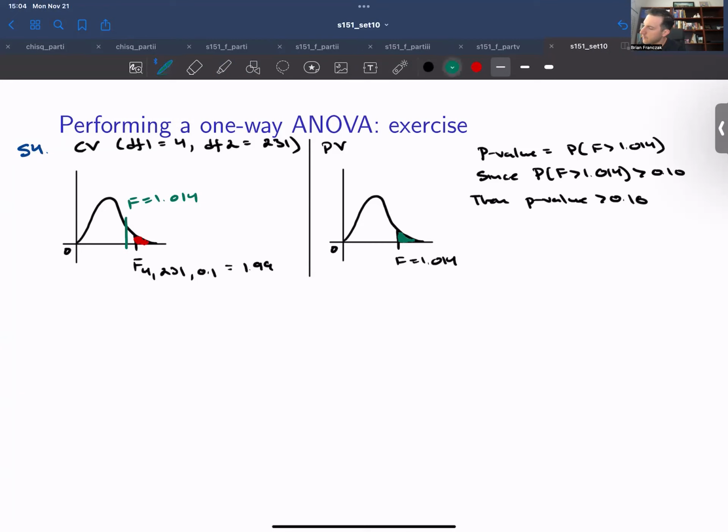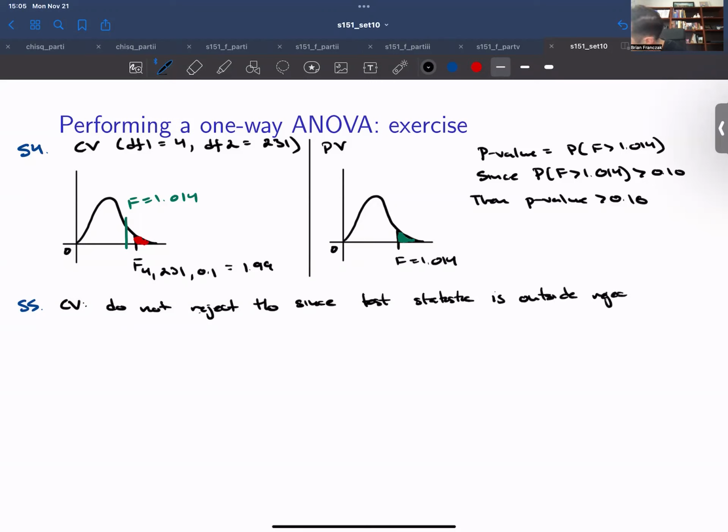All right, so now that we have our critical value and our p-value, if we take the critical value approach, we would say do not reject H0 since the test statistic is outside the rejection region.